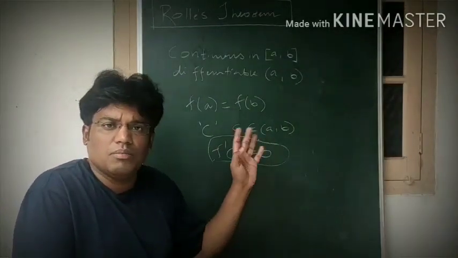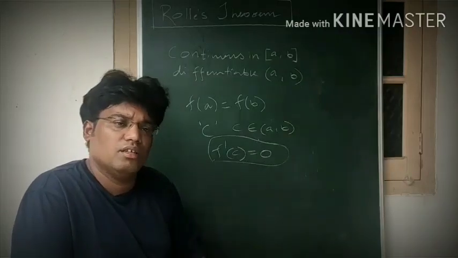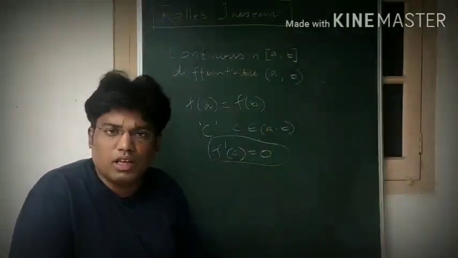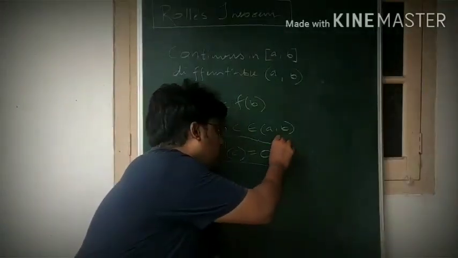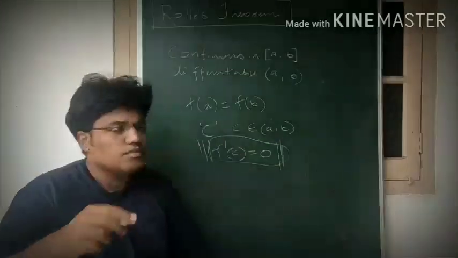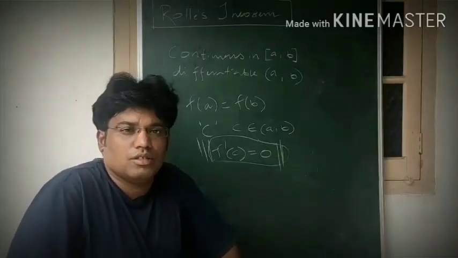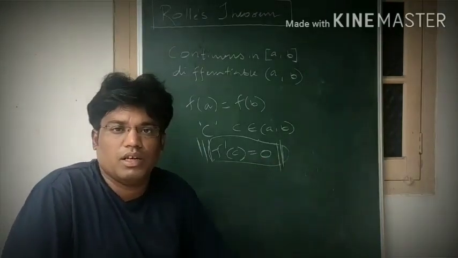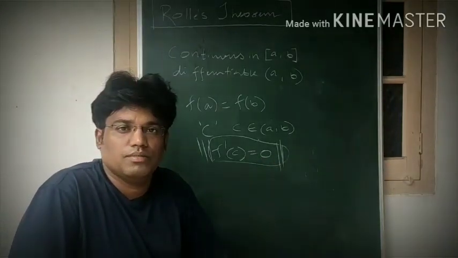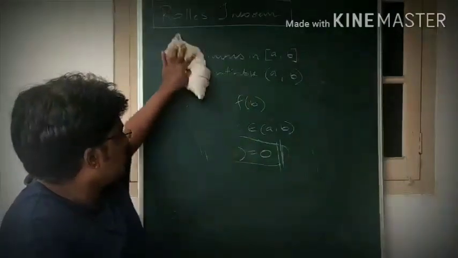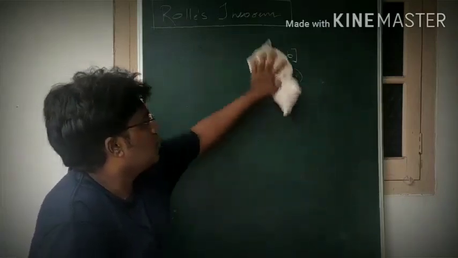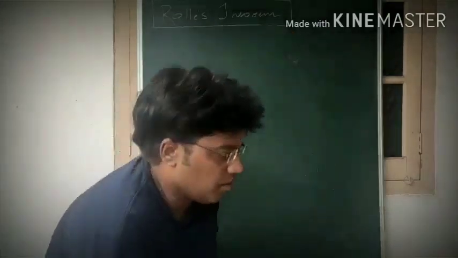Then there exists some point, a real number say C, and that C belongs to the open a comma b, and f dash of C will be equal to 0. This is the area we will be discussing now. This is the meat of the matter here, f dash of C equal to 0. So let's go with this and take some examples.